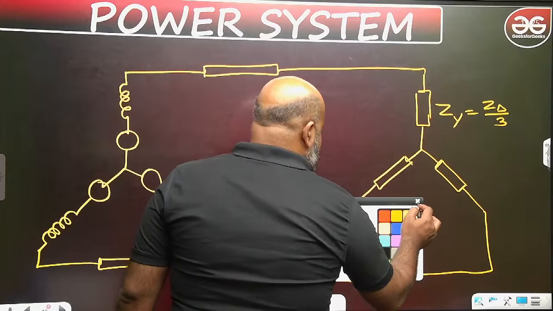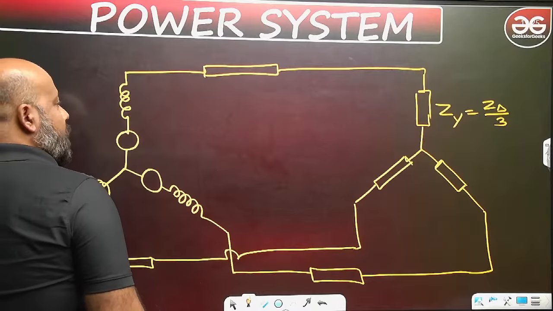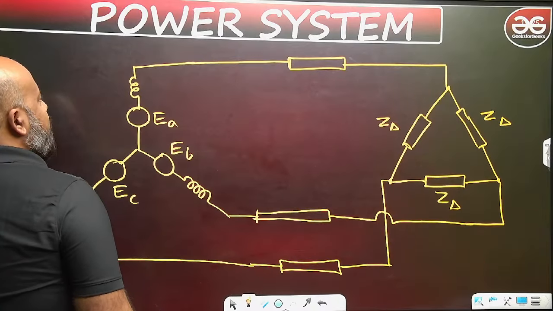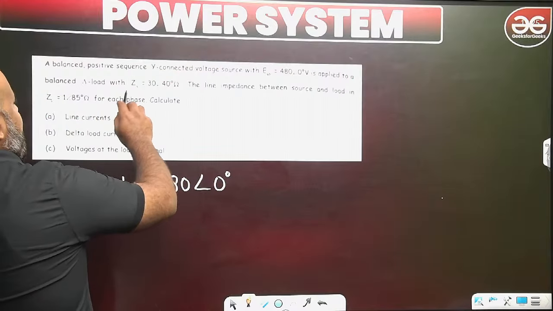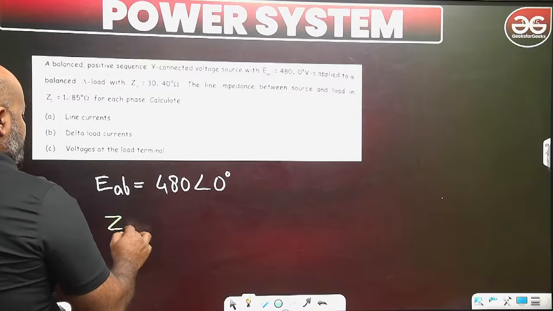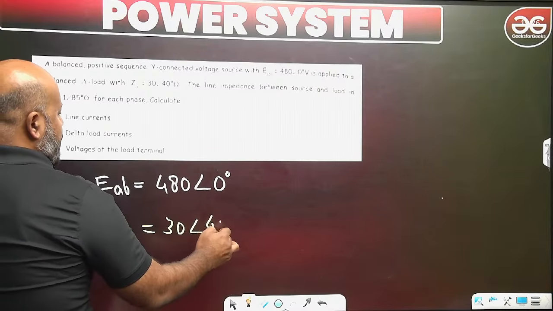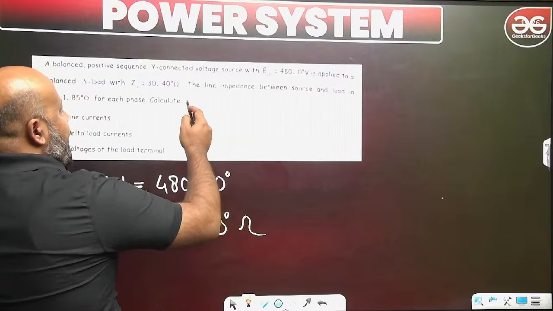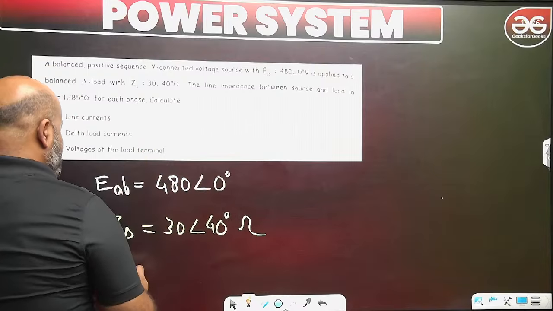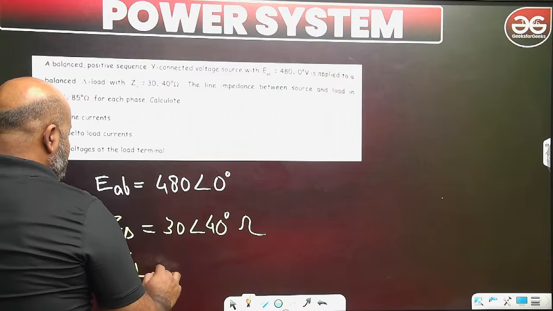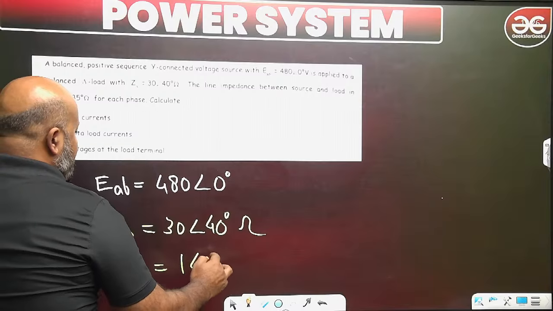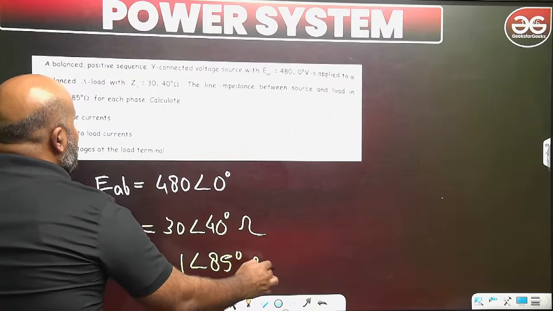Now see what the question is saying. Question is saying, okay, delta load is also there. Delta load is also given. It is 30 angle 40 degree. The line impedance between the source and the load is also given as ZL. That is 1 angle 85 degree. Perfect.